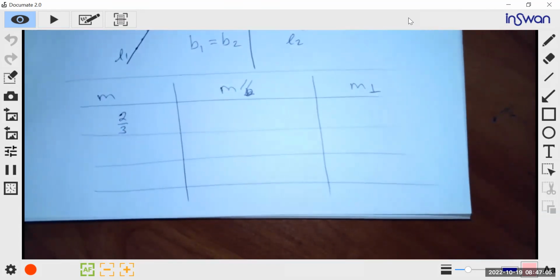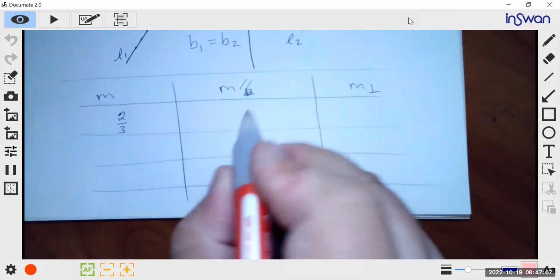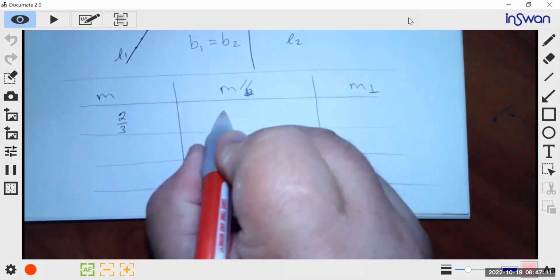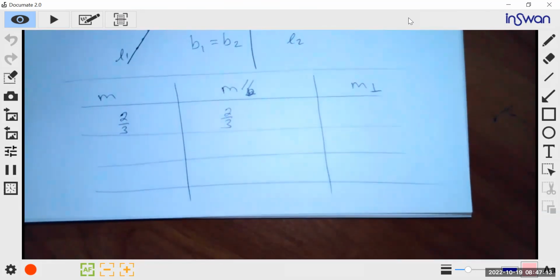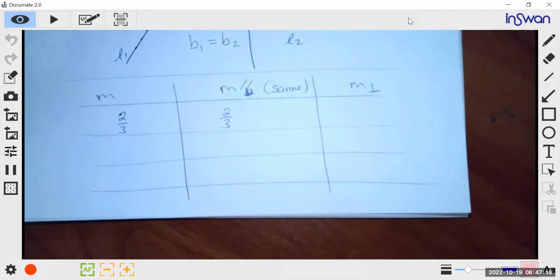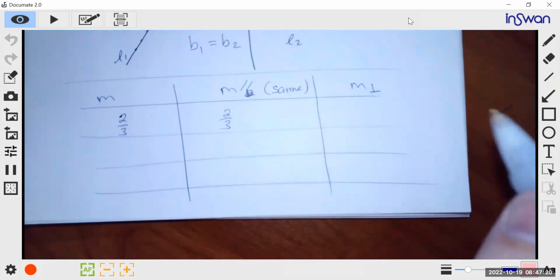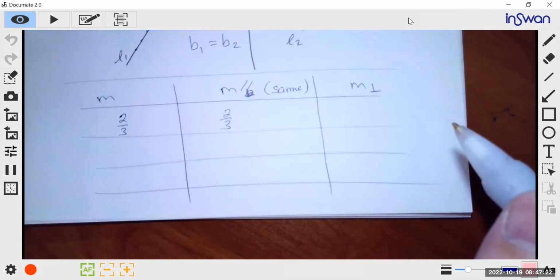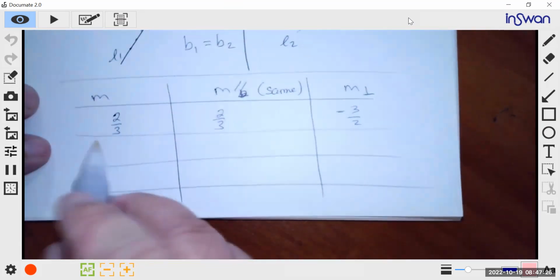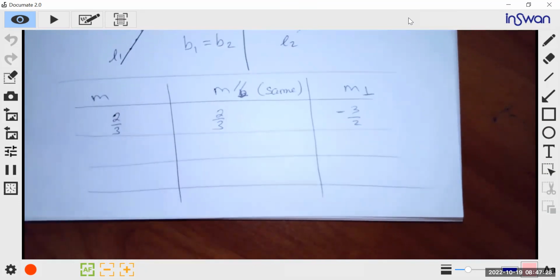So if my slope is 2/3, what is the slope parallel to it? Yeah, it's the same, 2/3. What's the slope perpendicular? Very good. -3/2. We have to take this one, flip it, and change the sign.